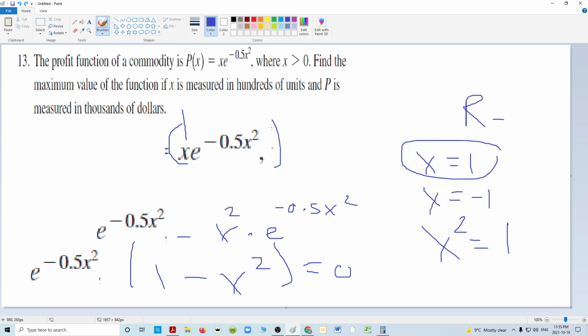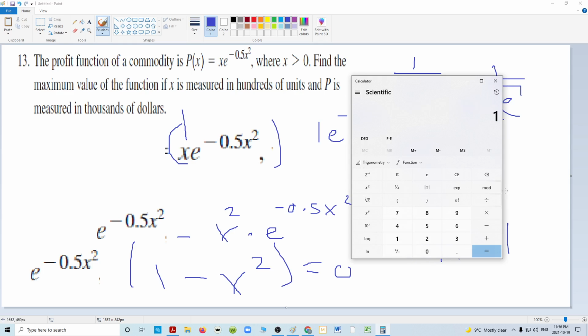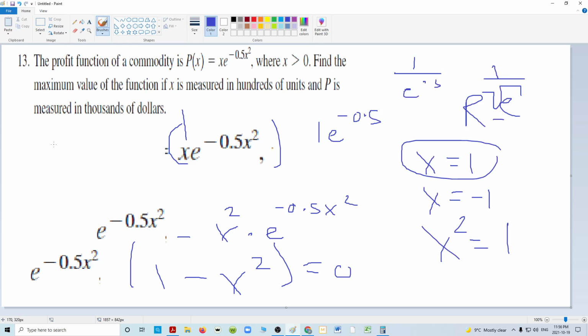When x is 1, we get 1 times e to the negative 0.5, which is the same as 1 over e to the 0.5, which is the same as 1 over e to the half, which is the same as 1 over square root of e. So you get that. So in thousands of units, this would be this.